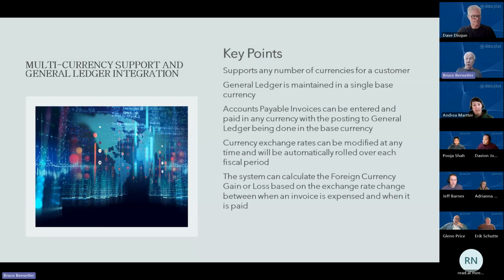You can enter it in US dollars and then pay it in US dollars. The system will automatically convert the expense of that invoice to Canadian dollars and post it to general ledger. And when you pay the invoice, it will automatically convert the payment amount to Canadian dollars from the US dollars, because you're paying it in US dollars.